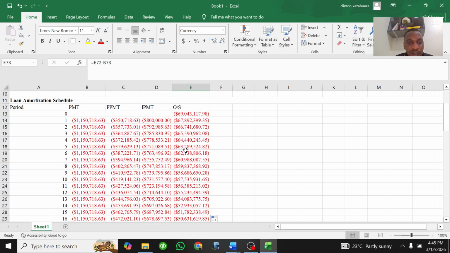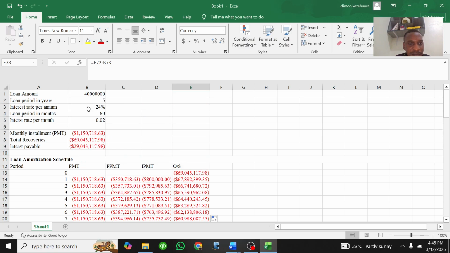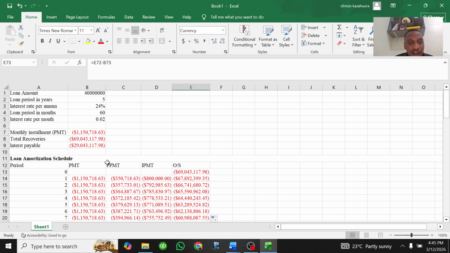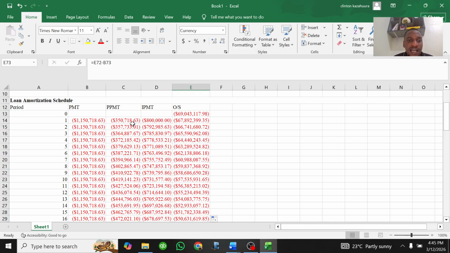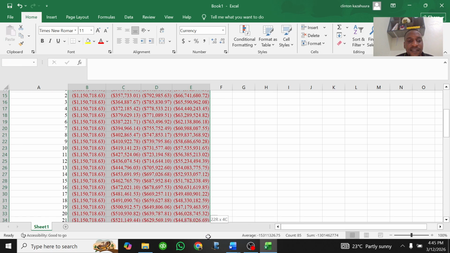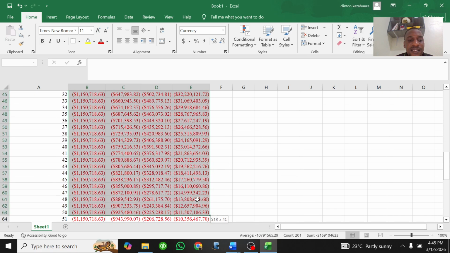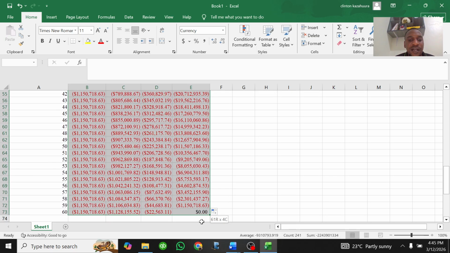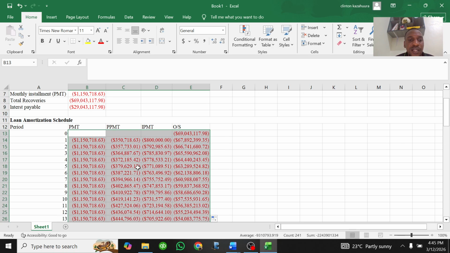So I'm going to now do some kind of formatting so that I remove these red stars and also change the amount to UGX if you are in a UGX setting. So you highlight the space that you want to actually format.